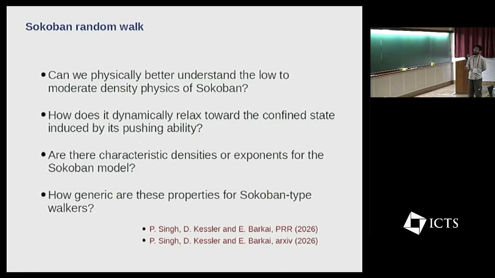Thirdly, are there some characteristic densities or exponents for the Sokoban model, because the percolation exponents and percolation threshold are not there? And the final question is, how generic are these properties, in the sense that if you modify the microscopic pushing rules, do these features remain robust under those changes?